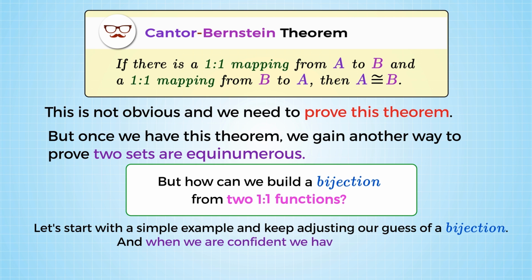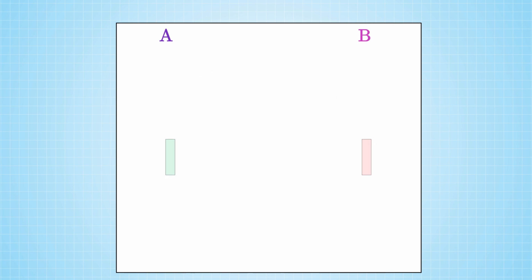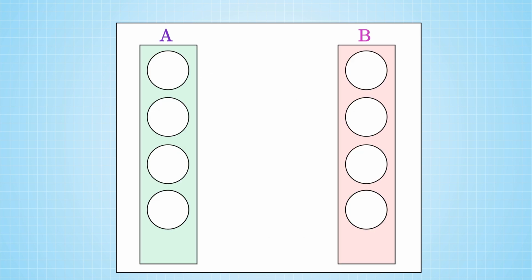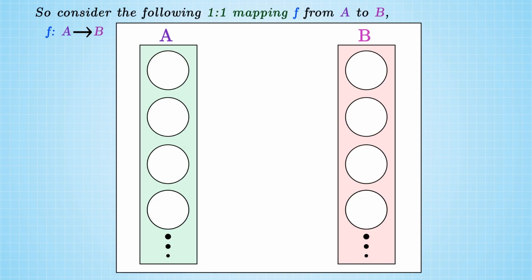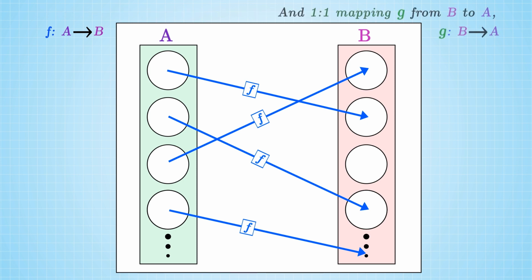And when we are confident we have the right one, we toss out all the scratch work and begin our proof. So consider the following 1-to-1 mapping F from A to B, and 1-to-1 mapping G from B to A.